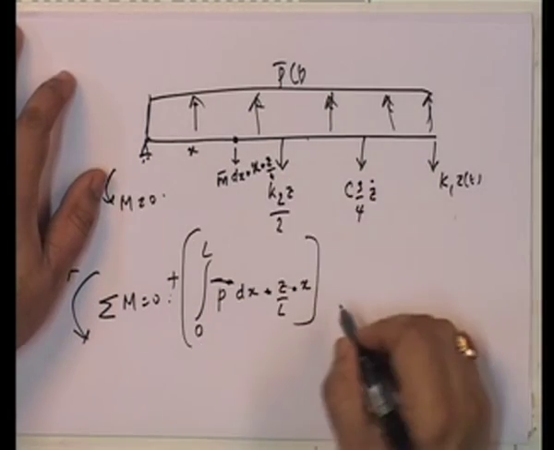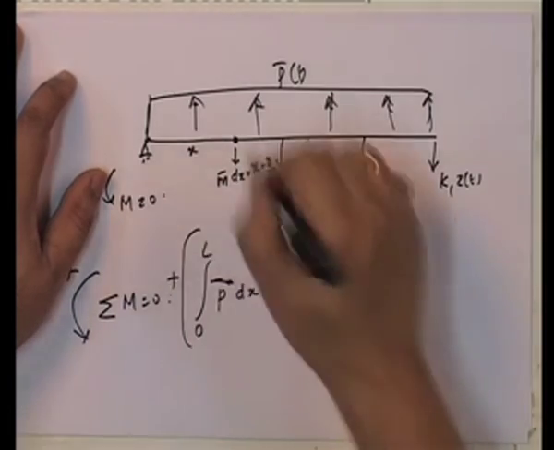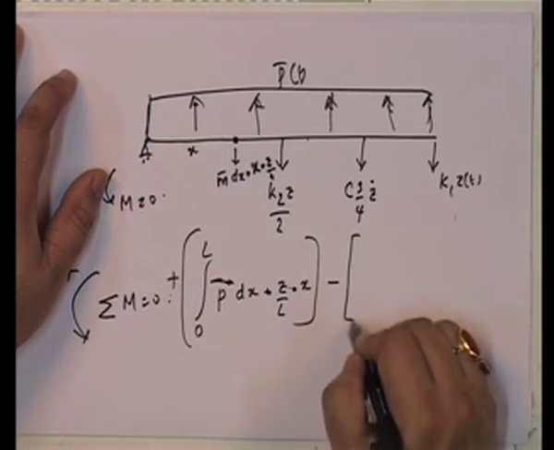Then I have this moment, this is going to be minus, because this gives rise to clockwise. Let us look at what I have here.